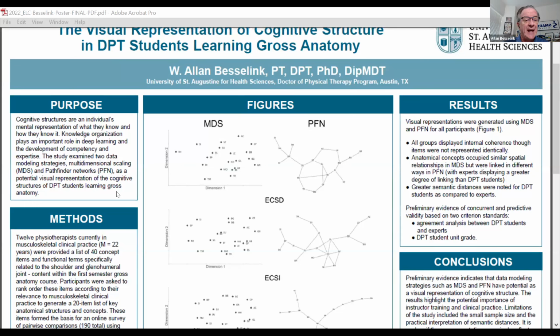If you look at the level of criterion-related validity, at agreement between students and experts, there is concurrent validity between the student and the expert, and it's better with instructors than with domain experts, which is, I think, intuitive.